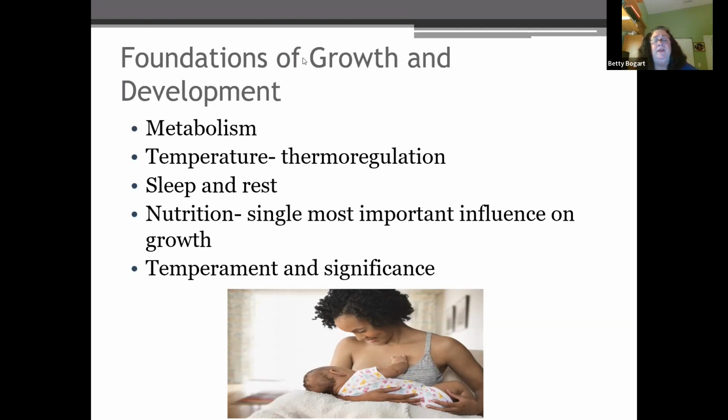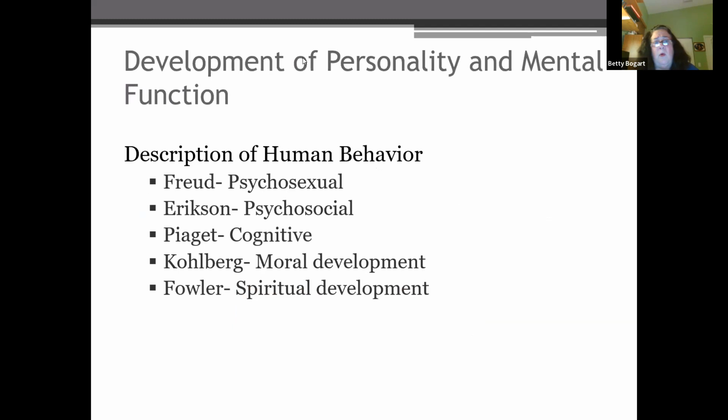Temperament and significance is going to be talking about a theorist. If all needs are met, these children are going to be the happiest kids around. It's when a kid cries and cries and nobody gets them to feed them or change their diaper or whatever they want. So there are theorists, and I've sent you a handout on it.